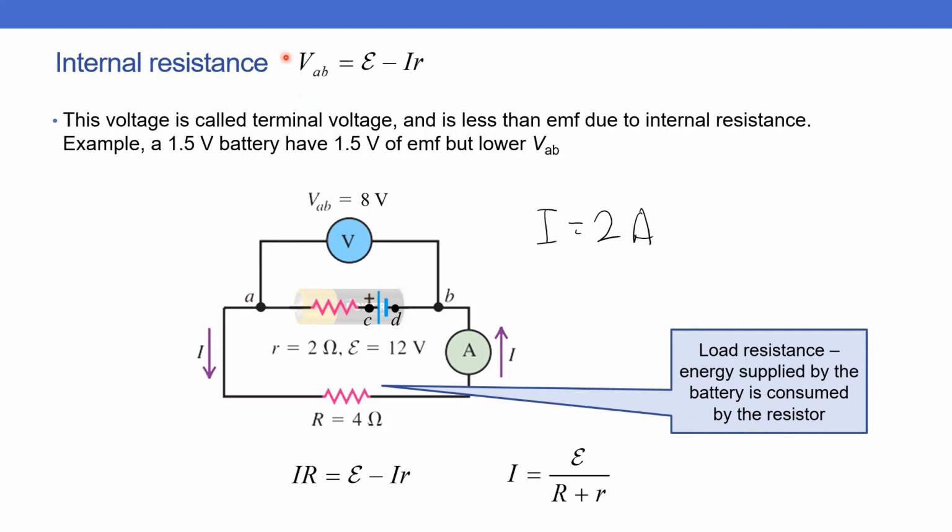Other than this equation, you also have two more equations, which is IR equals EMF minus Ir. This is because V is equivalent to IR. And if you rearrange this equation, finally you will get I equals EMF over R plus r, where R is the load resistance and small r is the internal resistance.